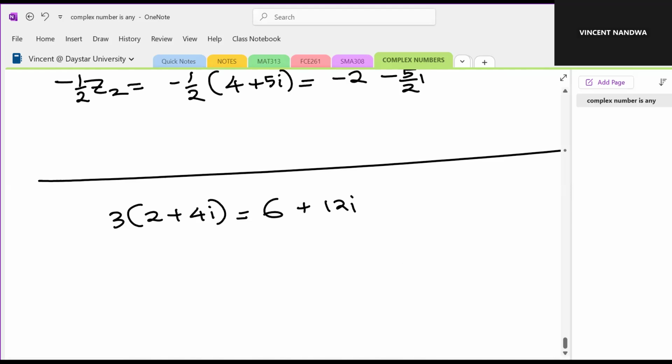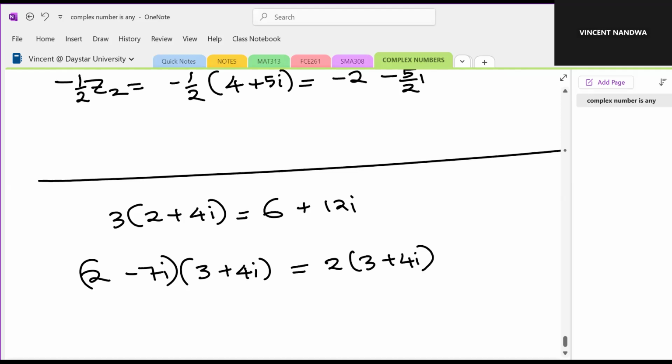If I have another problem, say 2 minus 7i times 3 plus 4i, then this is the same as 2 into 3 plus 4i minus 7i into 3 plus 4i. 2 times 3 is 6. 2 times 4i is 8i. Minus 21i: minus times plus is minus, but i times i is i squared, which is minus 1.